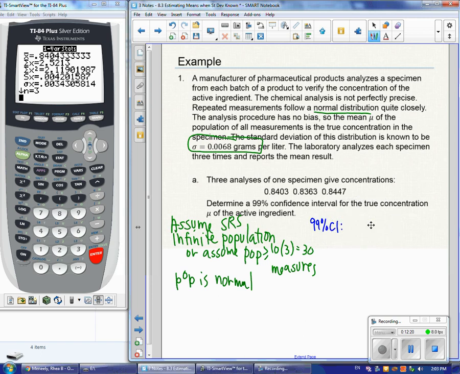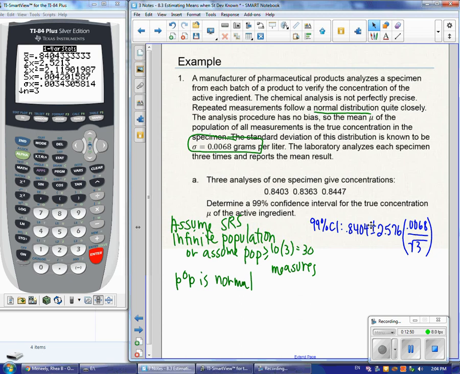So my estimate is 0.8404 plus or minus 2.576. And I need to also multiply that by my standard deviation of the statistic. I am given sigma in this case. It is 0.0068, and I'm going to divide that by the square root of my sample size, which in this case is 3. So that is the formula for computing my interval.